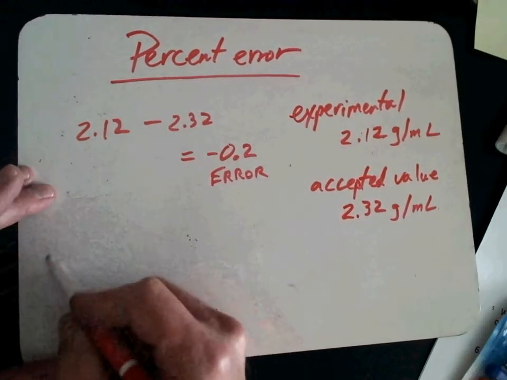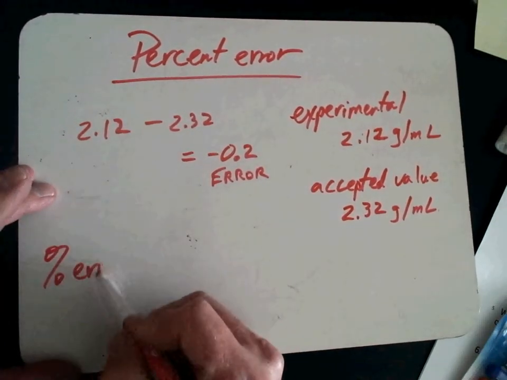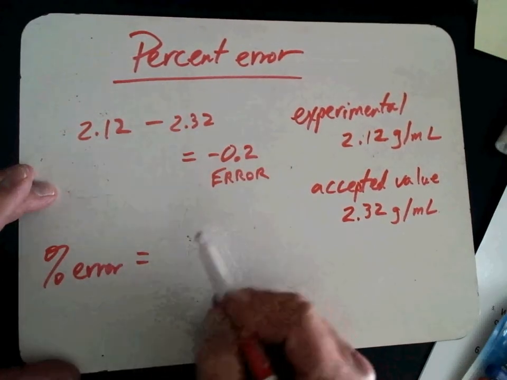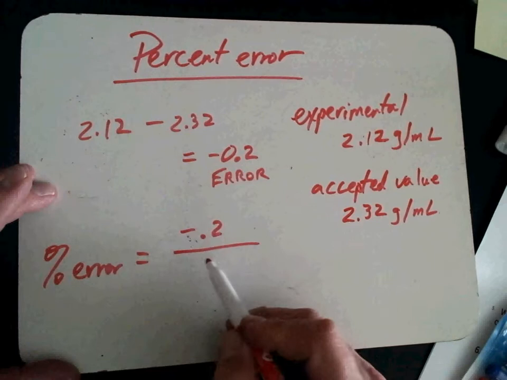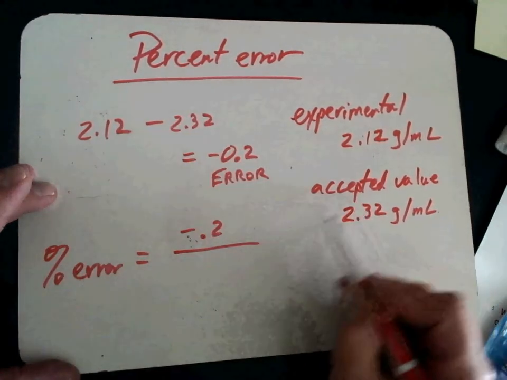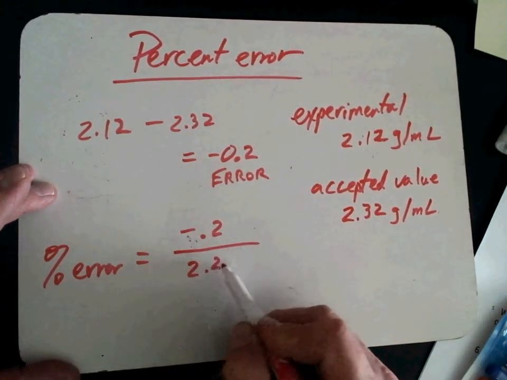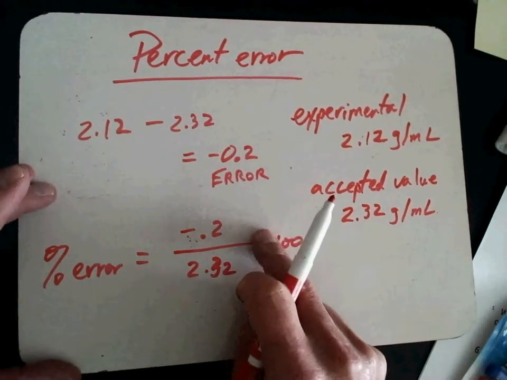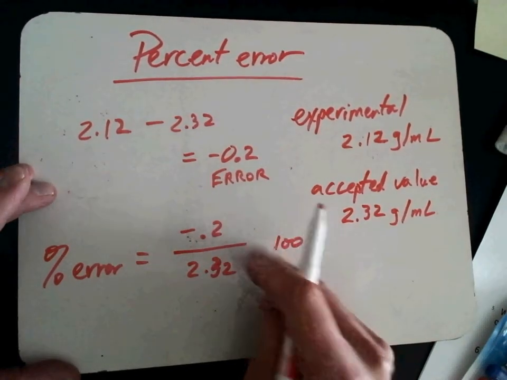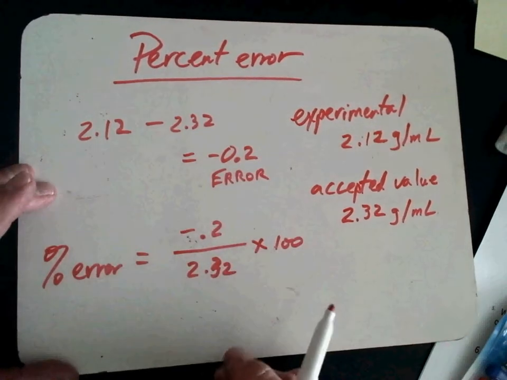So what was the equation for percent error? You take your error on the top, which was negative 0.2, and you divide it by your accepted value, 2.32, and then multiply by 100. What you're basically figuring out is what percentage I was off by.